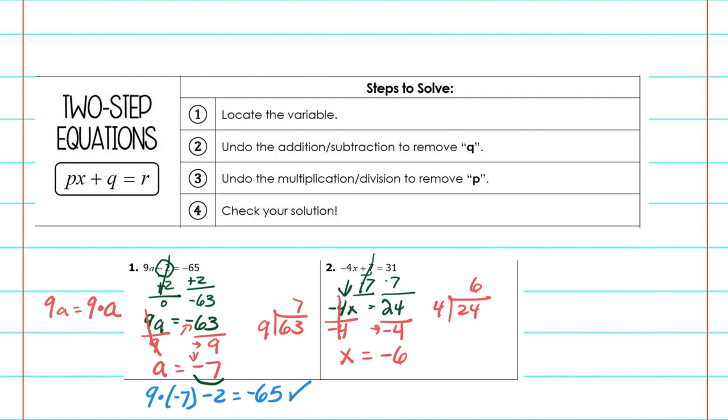Now, let's check this, okay, because it's important to learn how to double check our answers in case we're ever stuck. Checking our answer is the best way to solve too. So negative 4. Okay, I can even put negative 4 in parentheses. I can go ahead and put negative 6 in parentheses, okay, because that's telling me negative 4 times negative 6, because with the two parentheses together, there's a multiplication symbol between those.